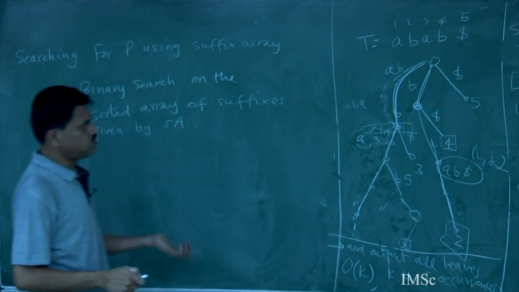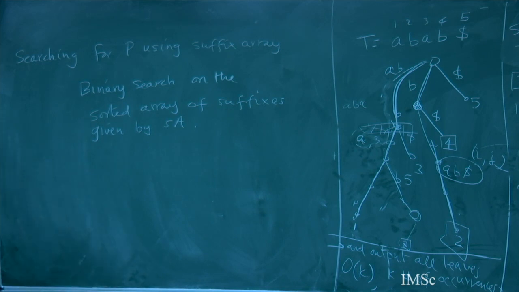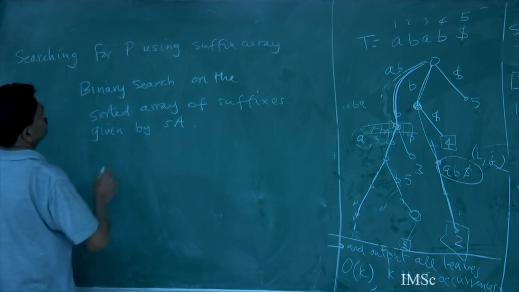Well, there are n or n plus 1 suffixes, so it will be log n comparisons, but each comparison, in the worst case, could be like m different character comparisons.